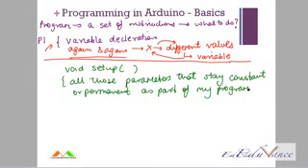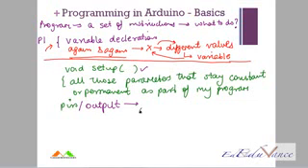For example, if I want a particular pin or point on my board to always be of the type output, meaning that it's giving something, I would do that declaration in my setup.